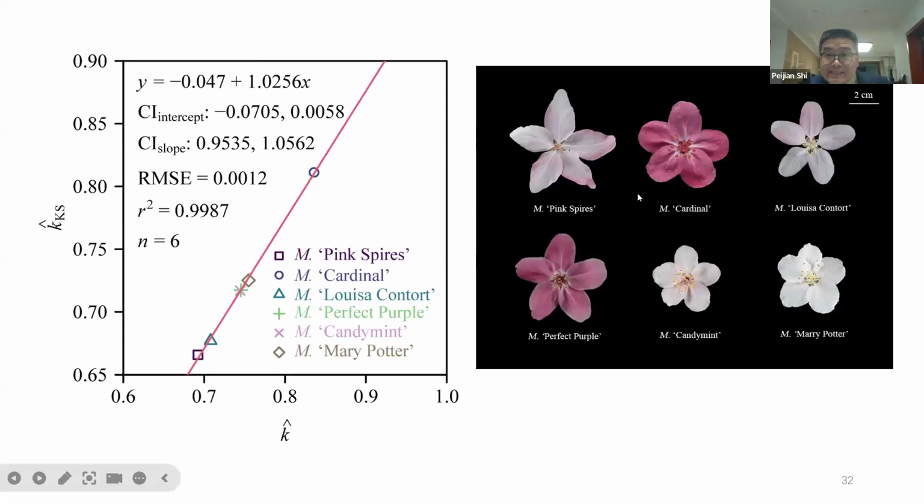Using the 6 Malus pumila cultivars, because we have each pattern scaled, we can get its length, width, and its total corolla area, namely the total pattern area.